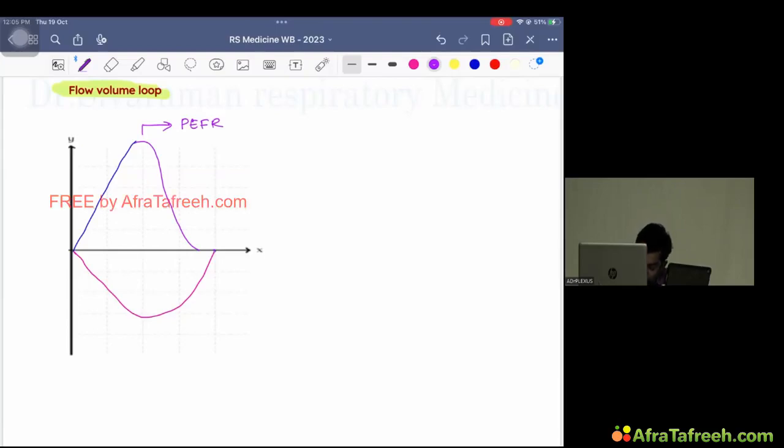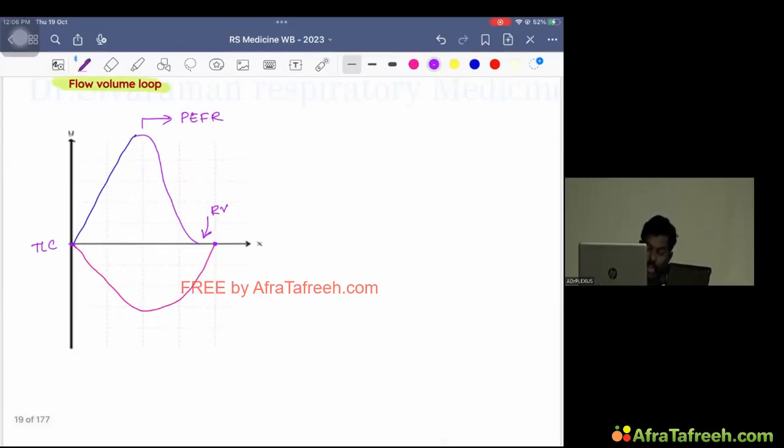Now, considering this point where I started breathing, this is the starting point, this is the end point, and this is considered as TLC. We didn't reach the starting point, so some amount of air is not released. What is that air which is not released?